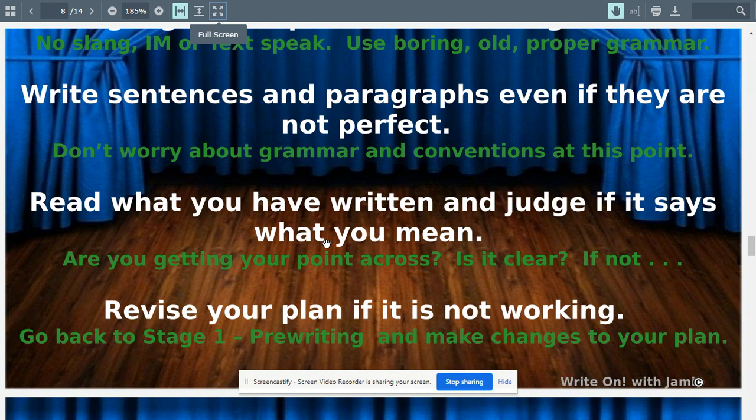Is it clear? If not, go back to stage 1 and pre-write. Make changes.